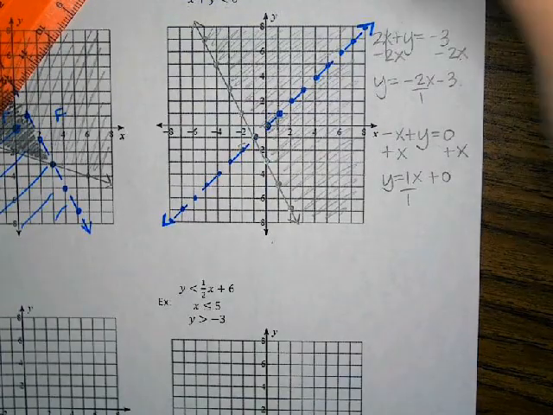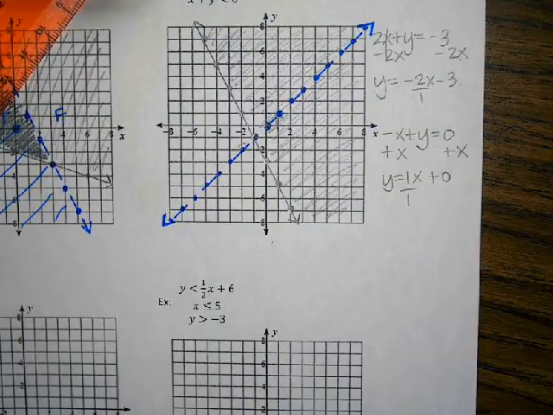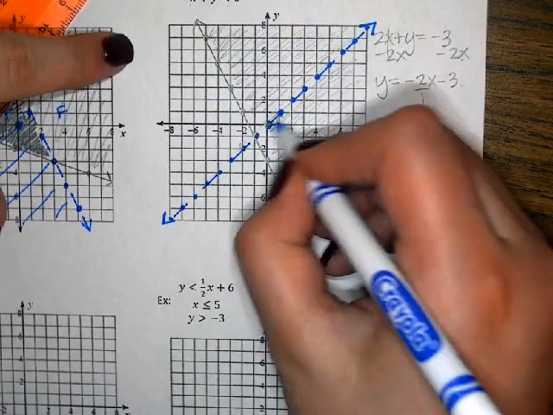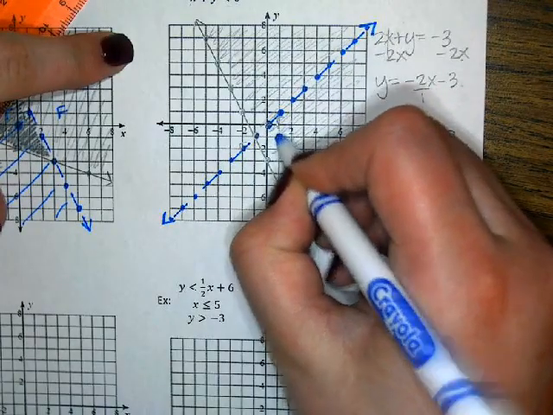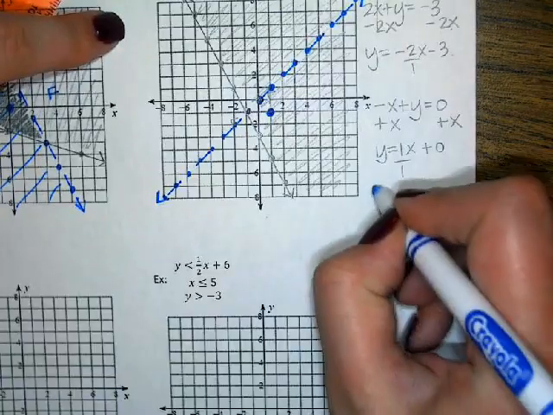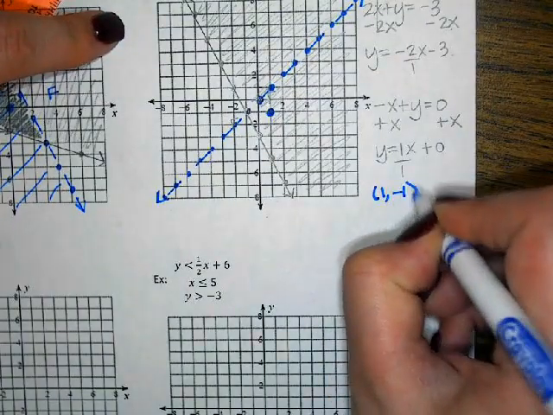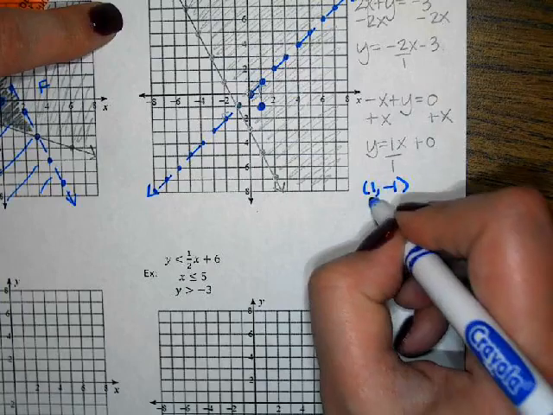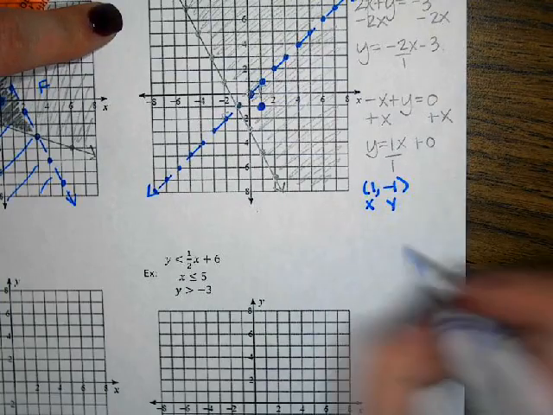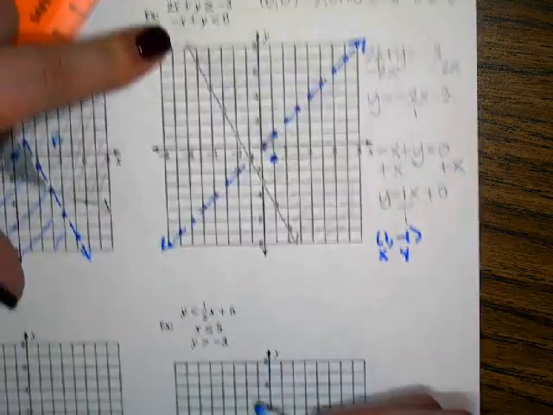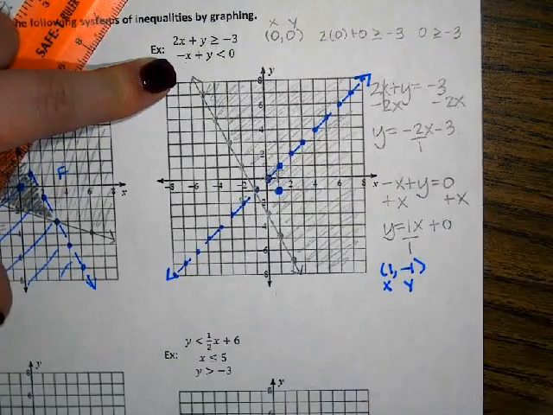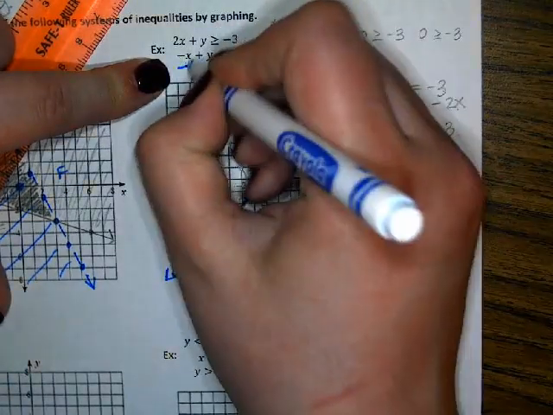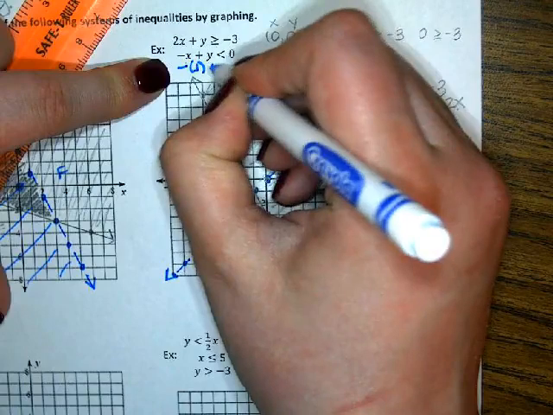So 1, -1 is right here. 1 for x, -1 for y. So it would be negative and then 1 for x plus -1 for y is less than 0.